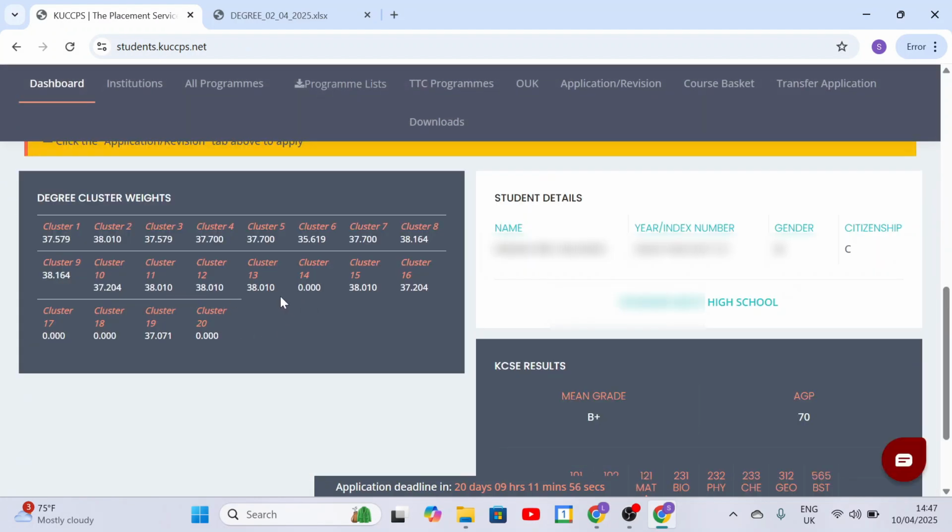Any course that you have 0.000, it means that you cannot apply for it. So for this candidate, any courses in cluster 17, cluster 18, cluster 20, or cluster 14, they cannot apply for those courses. Let me show you an example of those courses here in the all programs tab.